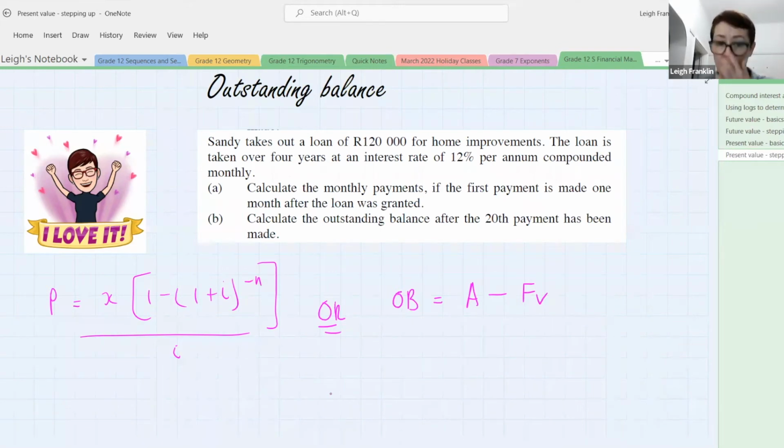Now, when we do it this way, A is going to be our P-value times (1 plus i) to the power of n, minus x times ((1 plus i) to the n minus 1) over i.